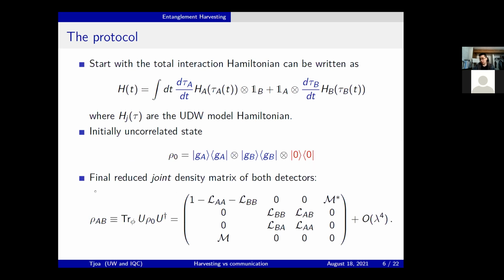Then the final reduced joint density matrix after you do time evolution using this Hamiltonian will boil down to simply this after you do the Dyson series expansion, in other words, after you do perturbation theory to leading order. So you do time evolution, then partial trace the field, and you get this reduced density matrix of the two qubits.